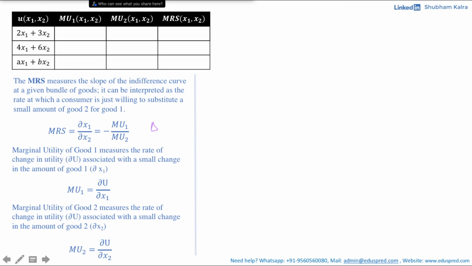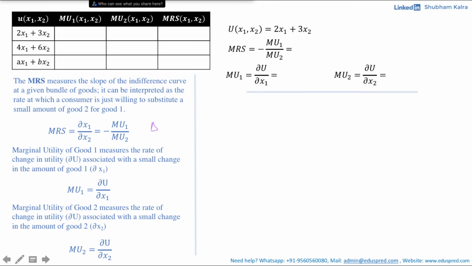And as I told you before, if I am calculating the marginal utility of good 1, I am keeping good 2 constant for calculation purposes. Let's begin. Your first utility function is 2x1 plus 3x2, and MRS is nothing but minus MU1 divided by MU2. So let's first calculate MU1 and MU2. From here I know that my marginal utility is the rate of change in utility associated with the change in the amount of good 1.